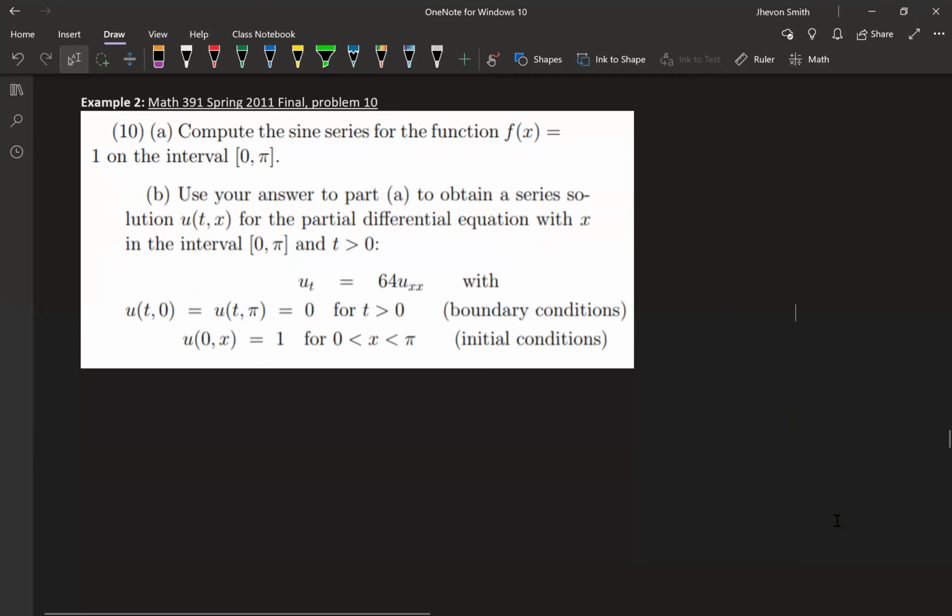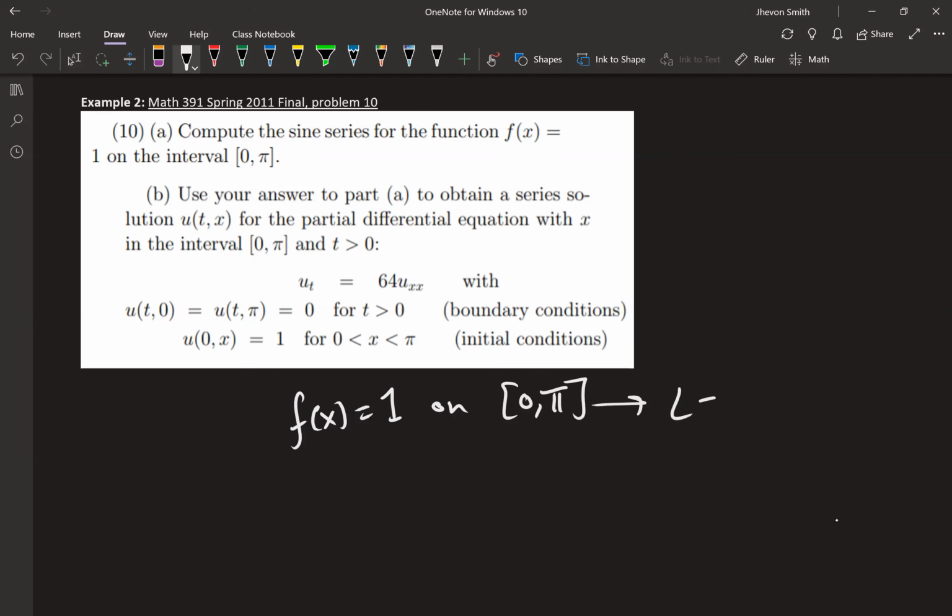f of x equals 1 on 0 to pi. Of course, that means your L is pi in this scenario. So you kind of have that's your function. And you want to extend it as an odd function.